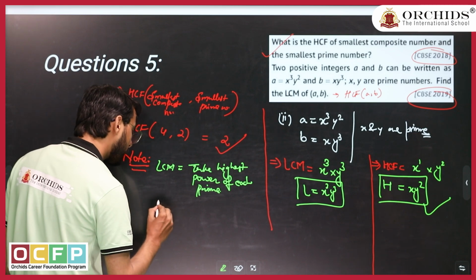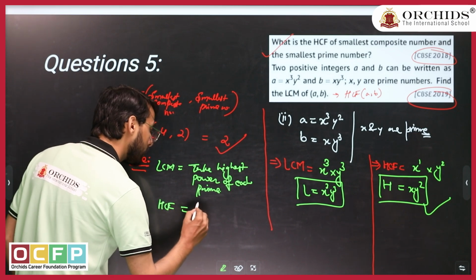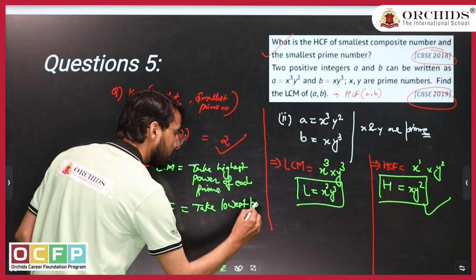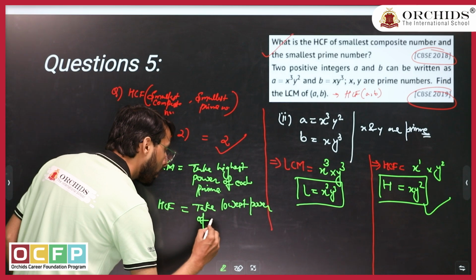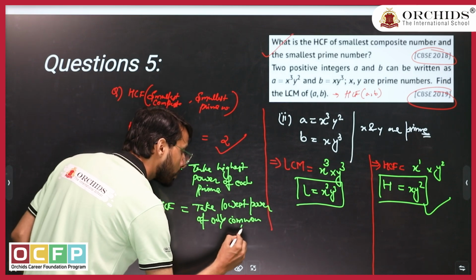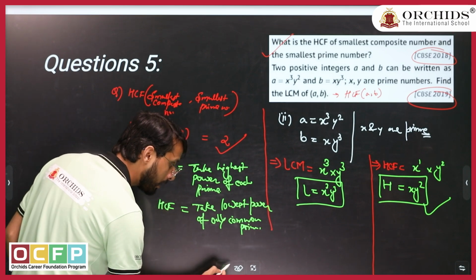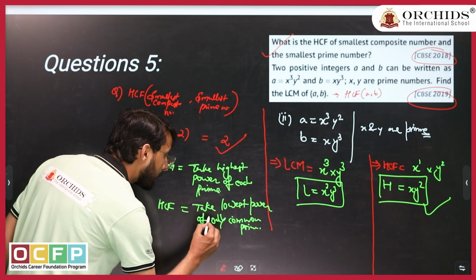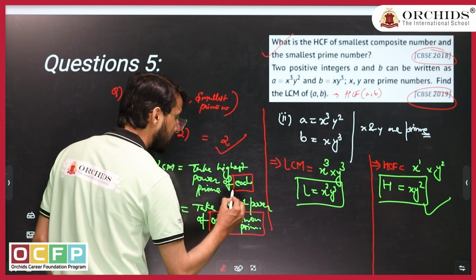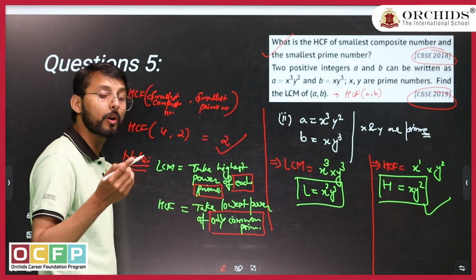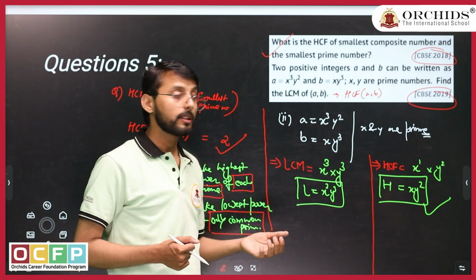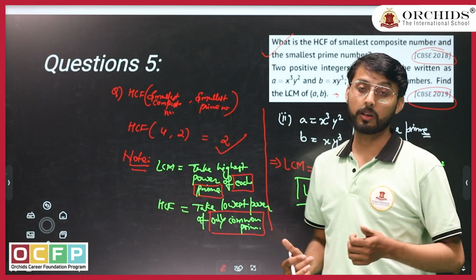But when you are going for the HCF, take the lowest power of only common primes. This is a very important part for you. Here I have written only common prime, and here I have written each prime. Either it is common or not common, you have to take both. So this is a way to solve such kind of question. This is a one marker question, mostly they used to ask in one marker.